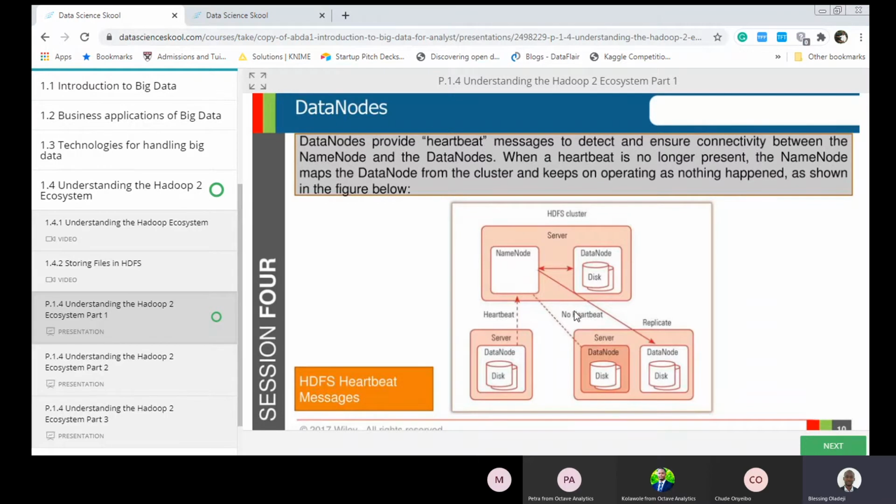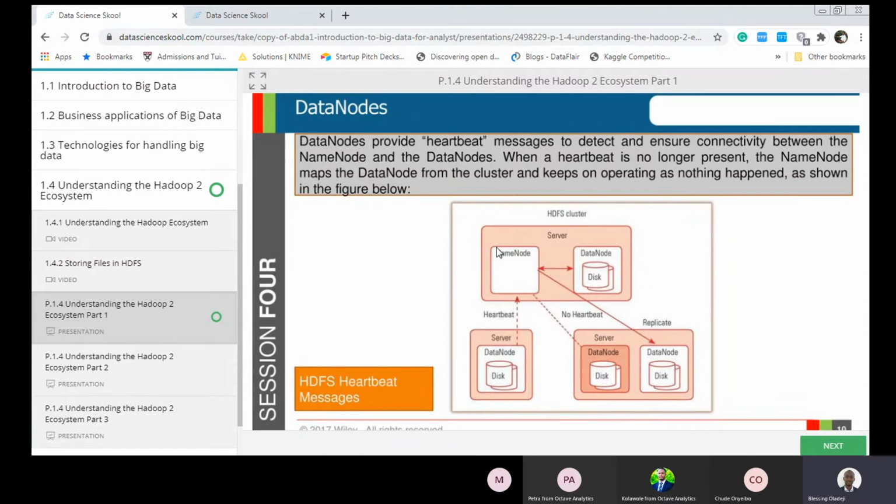Now, server number one has only one data node. Server number two has only one data node, while server number three has two data nodes in it. Now, there's a name node. Remember, we said that the name node is like a dictionary.